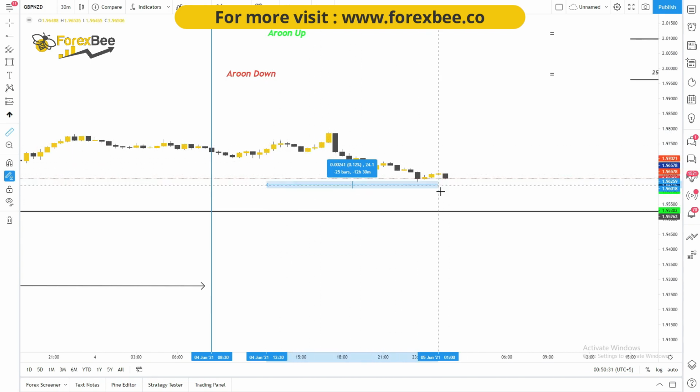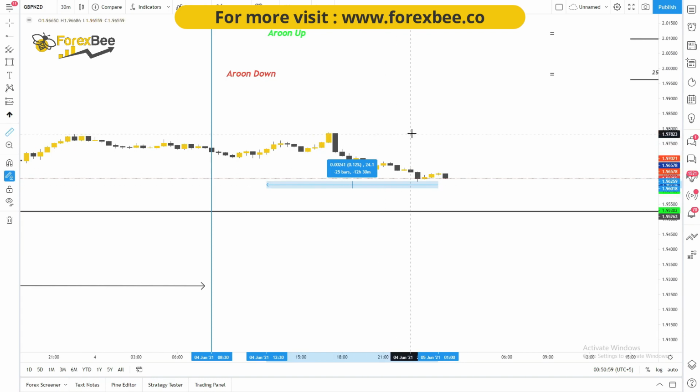We detect that candle, and then we count its number. So we count from 0, 1, 2, 3, 4, 5, 6, 7, 8, 9, 10, 11, 12, 13, 14, 15, and 16. So the 16th candle is the highest candle among these 25 candles.